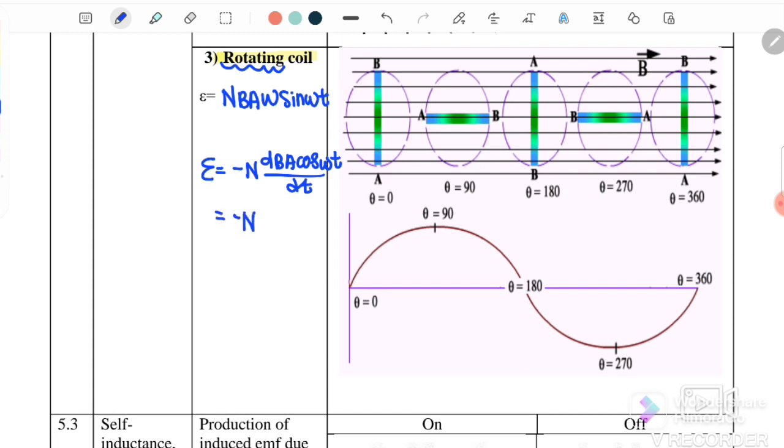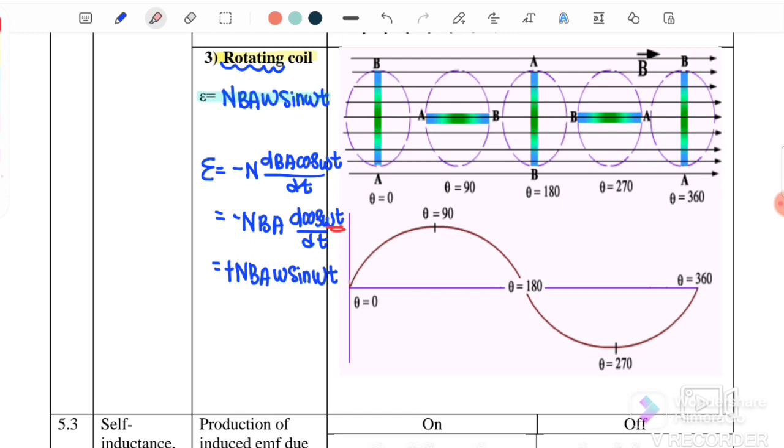Therefore, we take out B and A because they are constant, and we differentiate cos omega t over dt. If you differentiate cos omega t, we will get sine omega t, copy back, and then we differentiate omega t, we will get omega. And since we differentiate cos omega t, of course we get negative, and the negative now becomes positive. So this is the equation for a rotating coil.